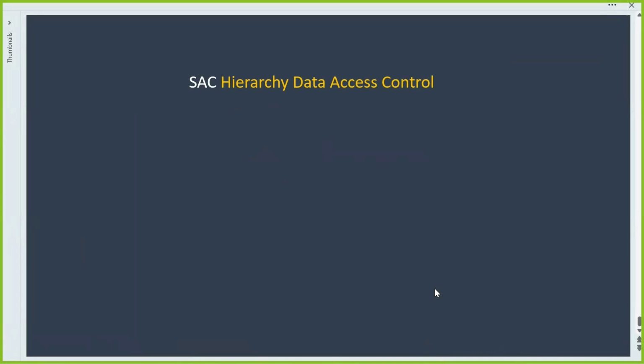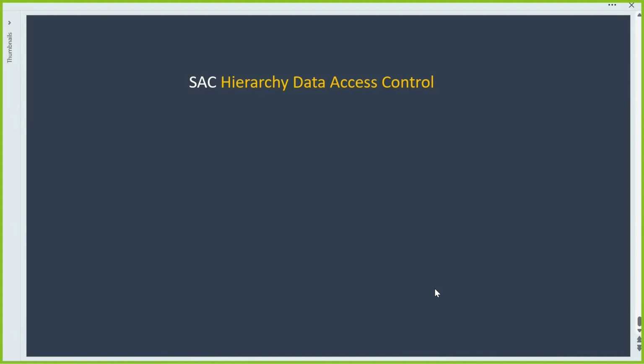So the topic we're going to discuss now is SAC hierarchy data access control. Hierarchy DAC is applied at dimensional data access control. Previously we applied DAC on individual members, right?